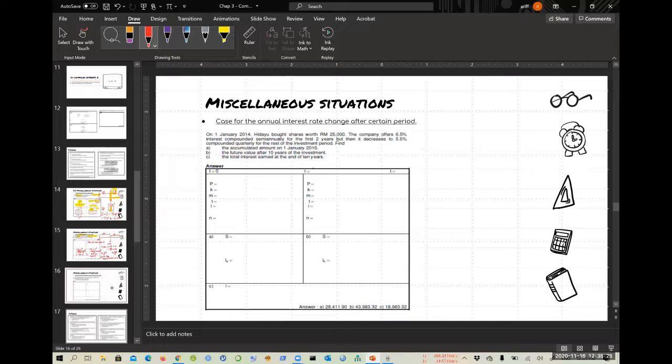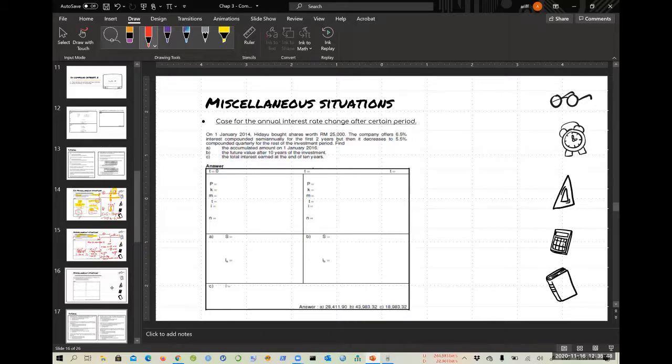From 1st January until the end of 2014 you have 1 year, and then 2015 until the end of 2015 you have another year. So that means the duration for the first part, from 1st January 2014 until 1st January 2016, will be 2 years.